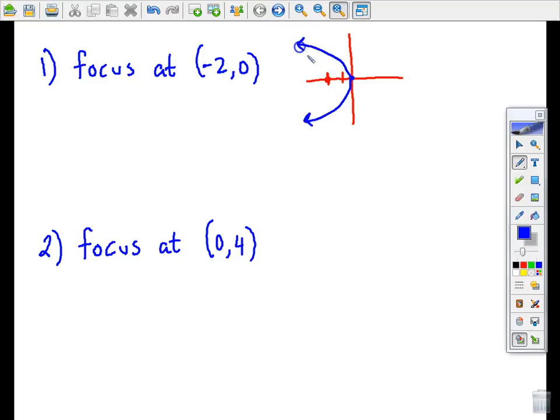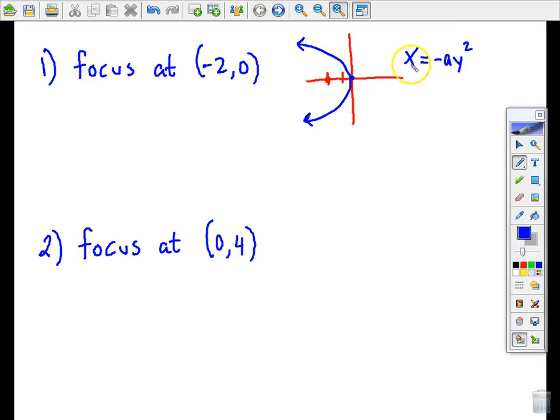Okay, so I don't have to get exact, but I'm just giving myself a picture. So here I have this parabola opening to the left, opening around the focus. And then we know that for the parabola that opens to the left, the equation form, just using variables, looks like this.